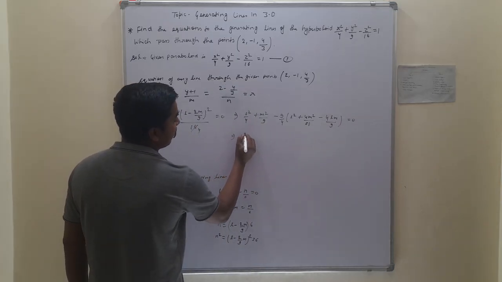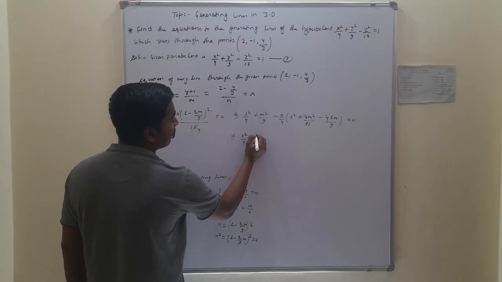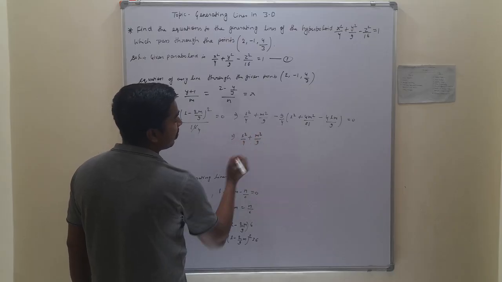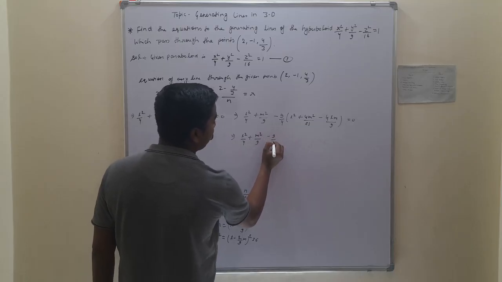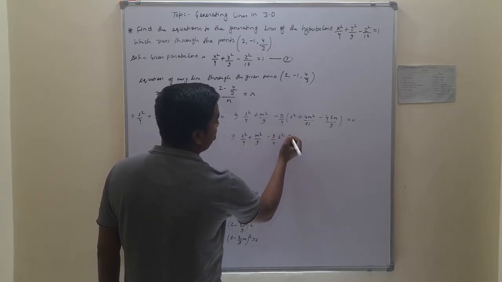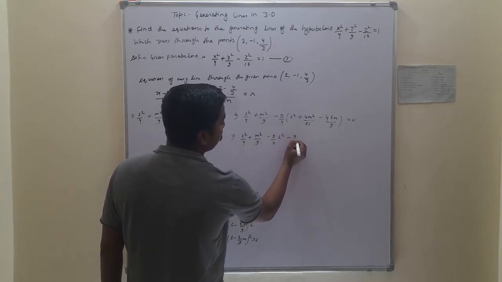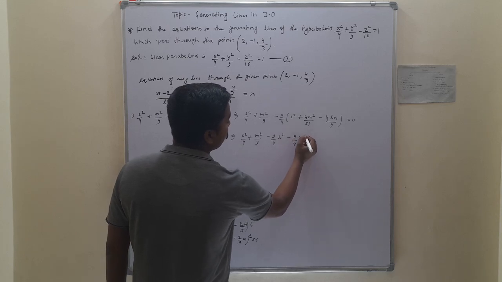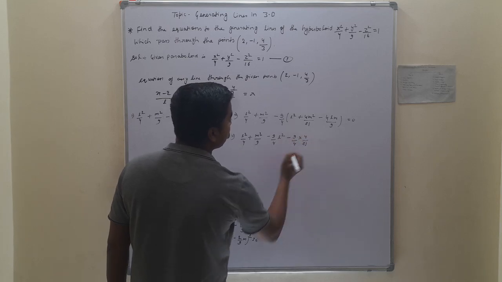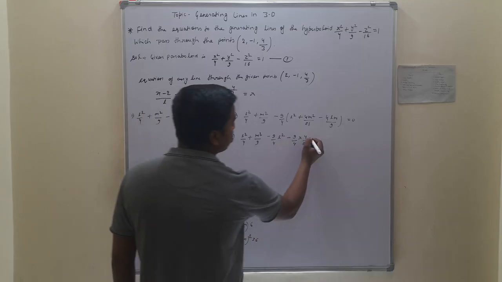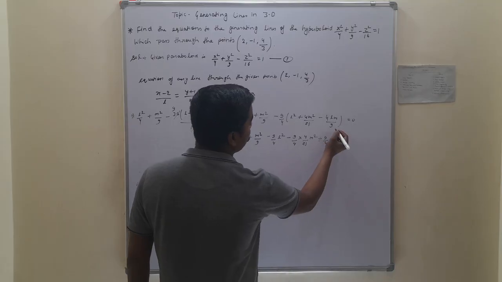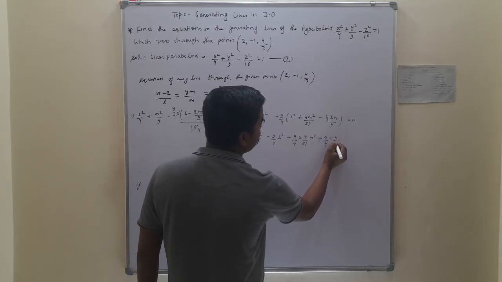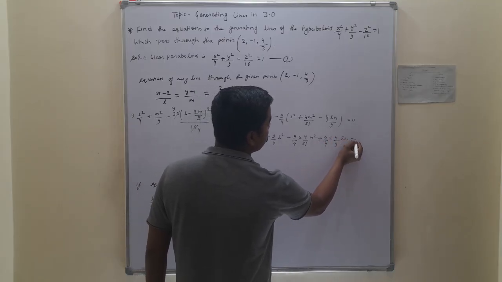This is l square by 4 plus m square by 9, and multiplying with 9 by 4 we get minus 9 by 4 into l square, and minus 9 by 4 into 4 by 81 m square, and minus 9 by 4 times minus, this is plus, 4 by 9 into lm is equal to 0.